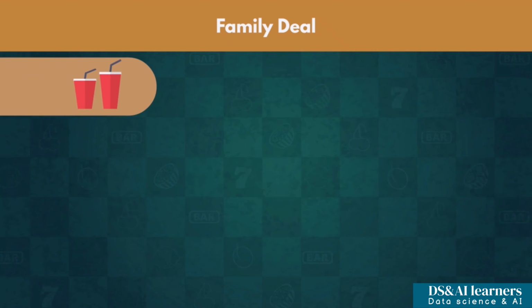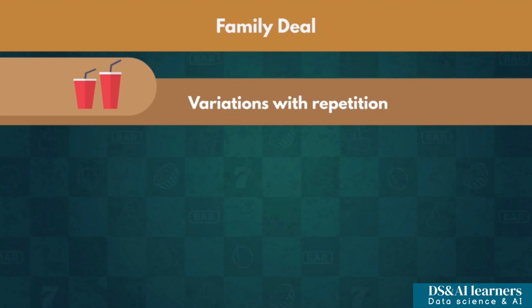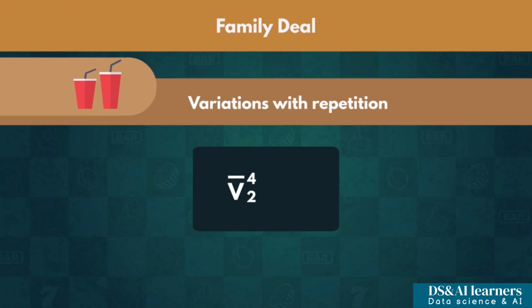Now for the drinks. You can both order the same one, so repetition is allowed. Furthermore, since it matters which drink is larger, this situation requires using variations. Therefore, we apply the formula for variations with repetition for picking 2 out of the 4 available options. By plugging values into the formula, we see that we have 4 to the power of 2, or 16 options for the drinks.